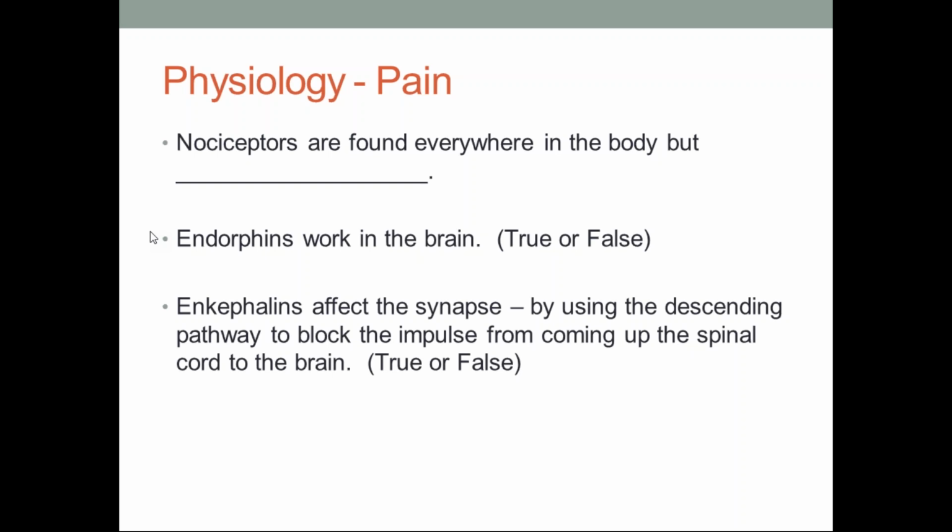You'd still be aware that something's going on, but it's not going to bother you because you're in such a good mood. So you're aware it's there, but it's okay. You've taken away that emotional attachment to the pain with endorphins, whereas enkephalins actually stop the impulse from coming up. So that's just a different approach to dealing with the pain.